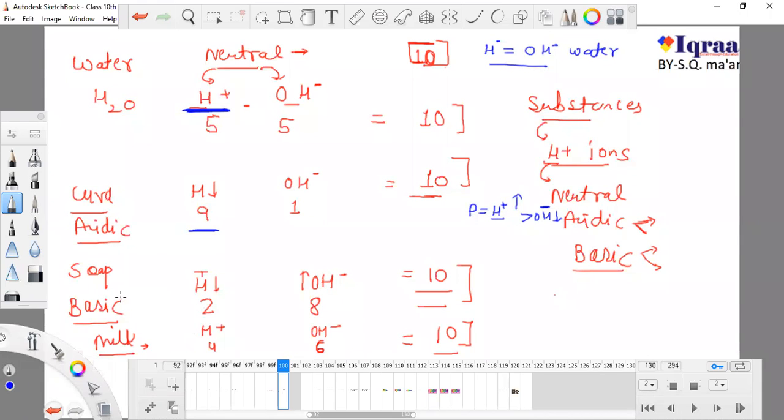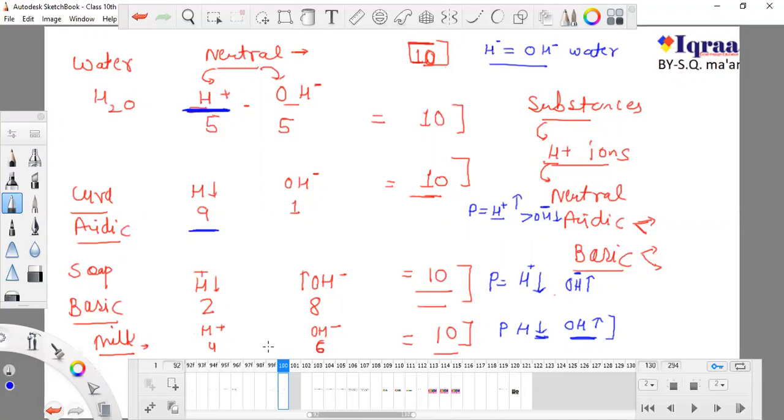If I'm taking soap, which is very basic, then I will say the power of H plus ions is very less in a base, and I don't need to mention the power of OH ions, because if the power of H plus ions is very less, then OH minus ions will definitely be high. And if I'm using milk, then the power of H plus ions is slightly less, so the power of OH ions will be slightly high. So this is how we can use H plus ion.